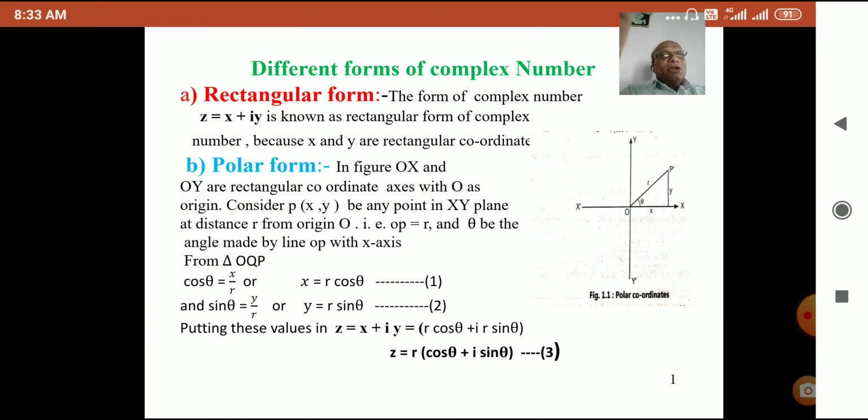Now in this equation, r and theta, r is known as the modulus of the complex number and theta is known as the argument.